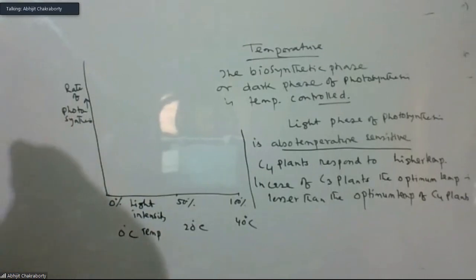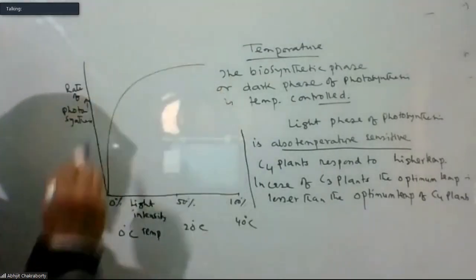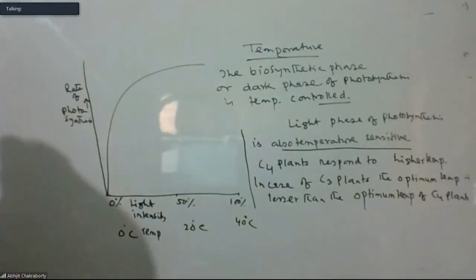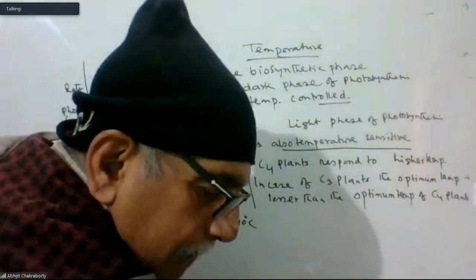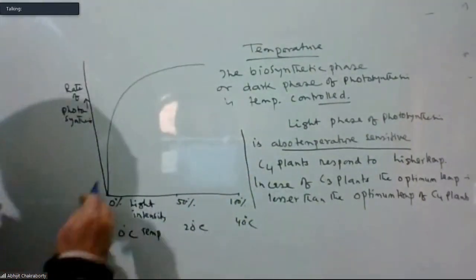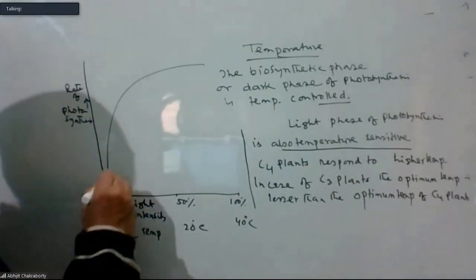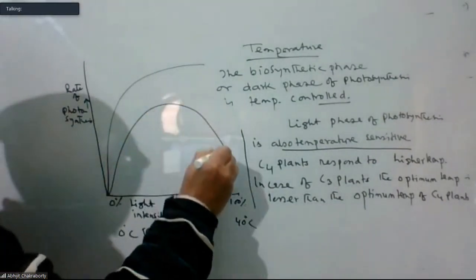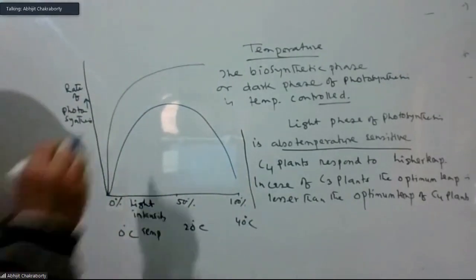Now, what about the curve you see? So this is in case of C4 plants.